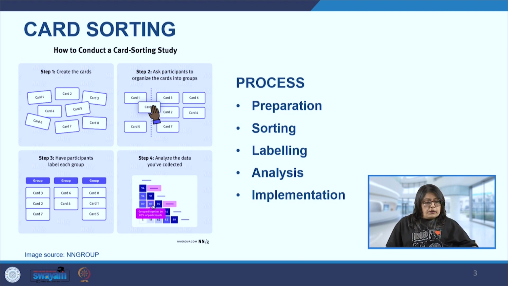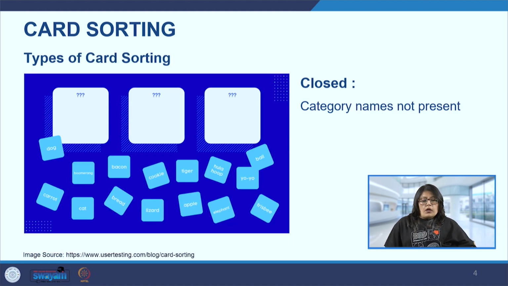And then we can see that the participants label these cards. Now again, it depends on whether we are going for the open or the closed method of card sorting. We'll see that also quickly. And then finally, we'll analyze the data that we have collected. So we can see how the participants are viewing these cards under certain themes or certain headings. So now the closed card sorting.